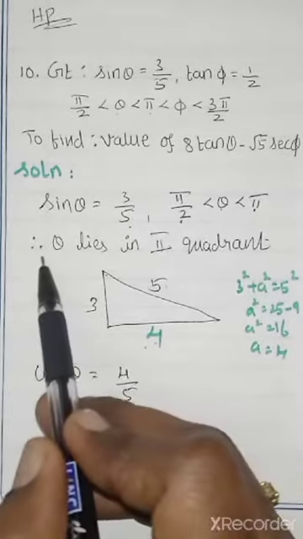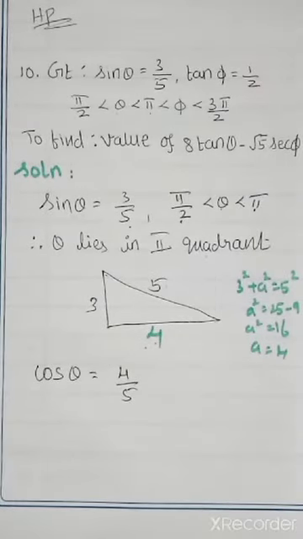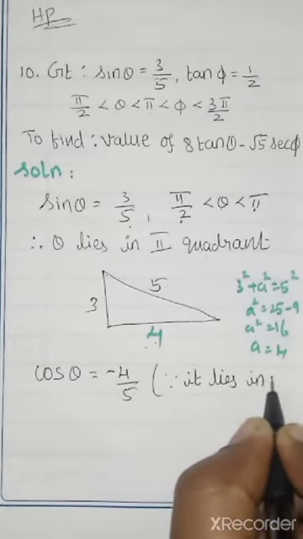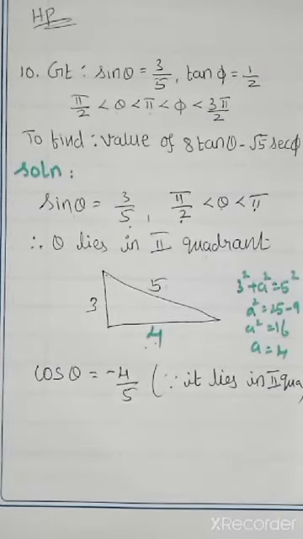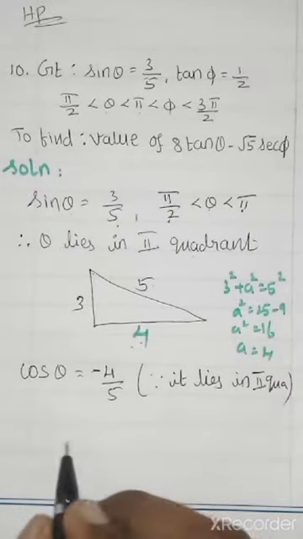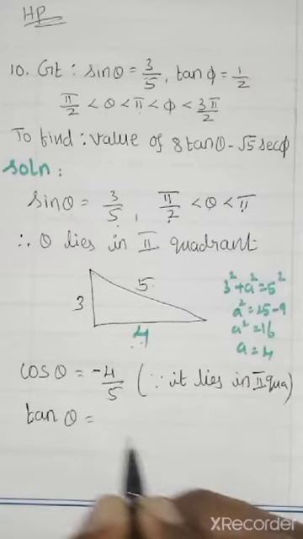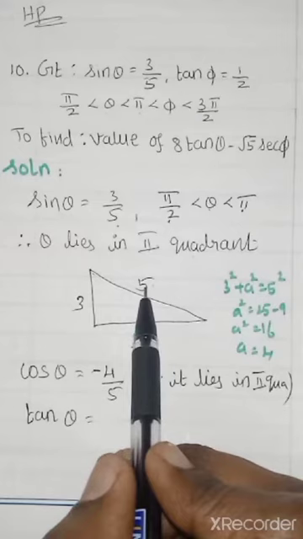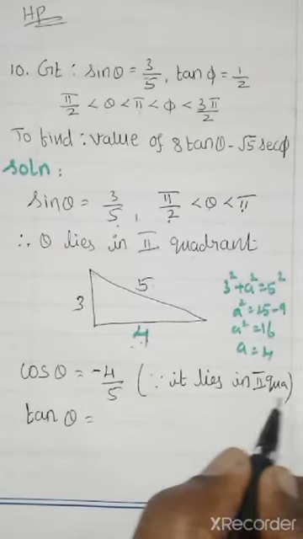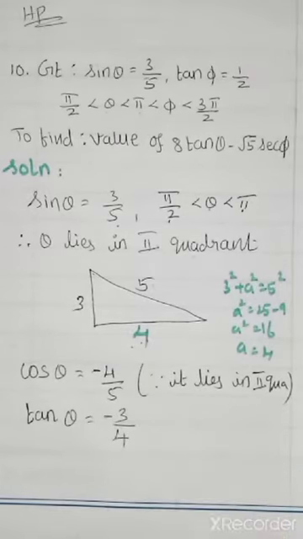Now, since θ lies in the second quadrant, only sine and its reciprocal are positive. So, the cos value is negative. Similarly, what is the tan value? Tan θ is opposite by adjacent. Again, since θ lies in the second quadrant, the answer is minus 3 by 4.